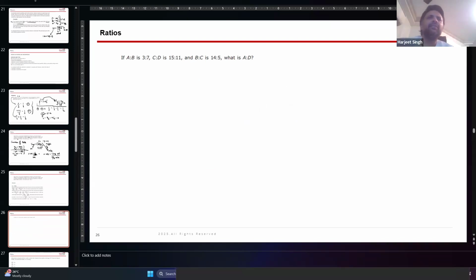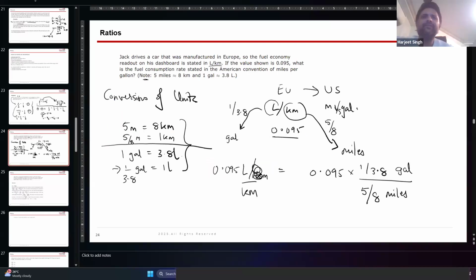Another variety is we have a series. I have a question about the previous question. Here you convert into gallons per mile. Don't we have to switch it to miles per gallon? If what is asked is miles per gallon, then you need to just take the reciprocal of that. So it depends on what is asked.